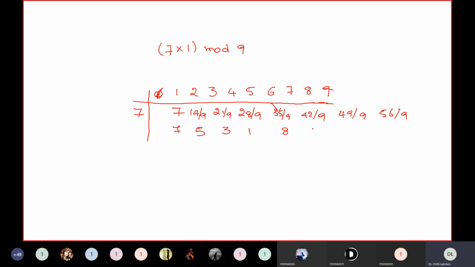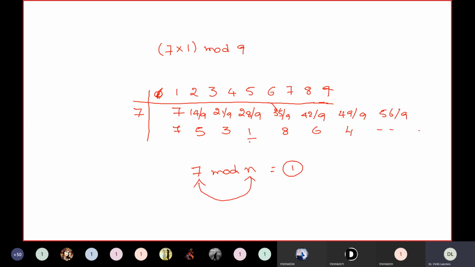What is the remainder value? 6, 4 and so on. So what is the formula for the multiplicative inverse? Whenever a number undergoes the mod operation with n, we will get the value of 1.